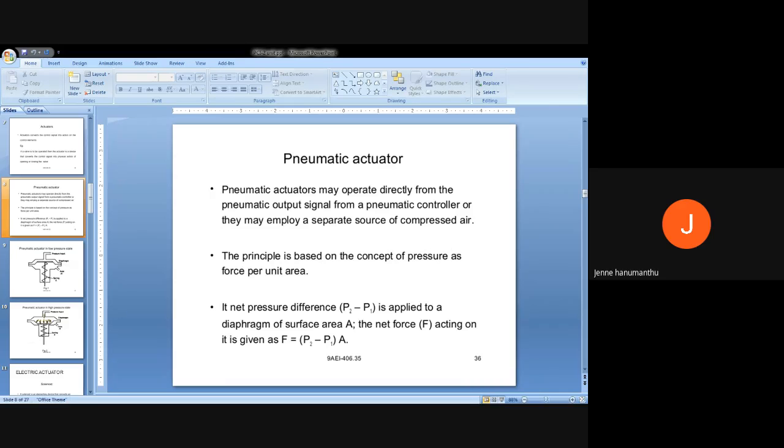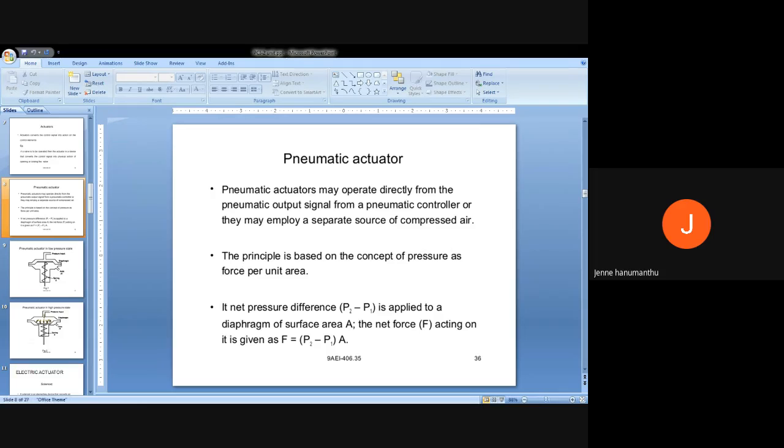Tell me. In the complete control system diagram, there is a controller. If you open the controller, we can see three blocks. One is converter, second one is actuator, next one is final control element.